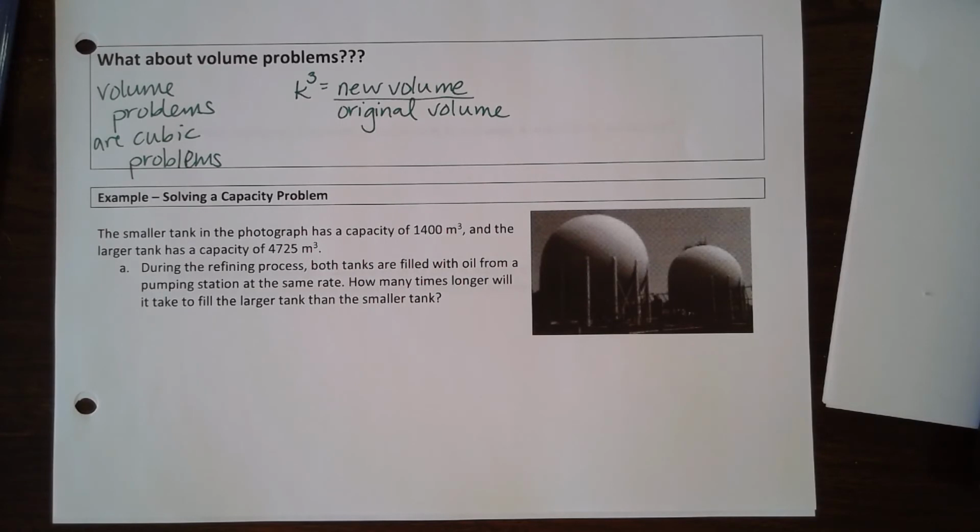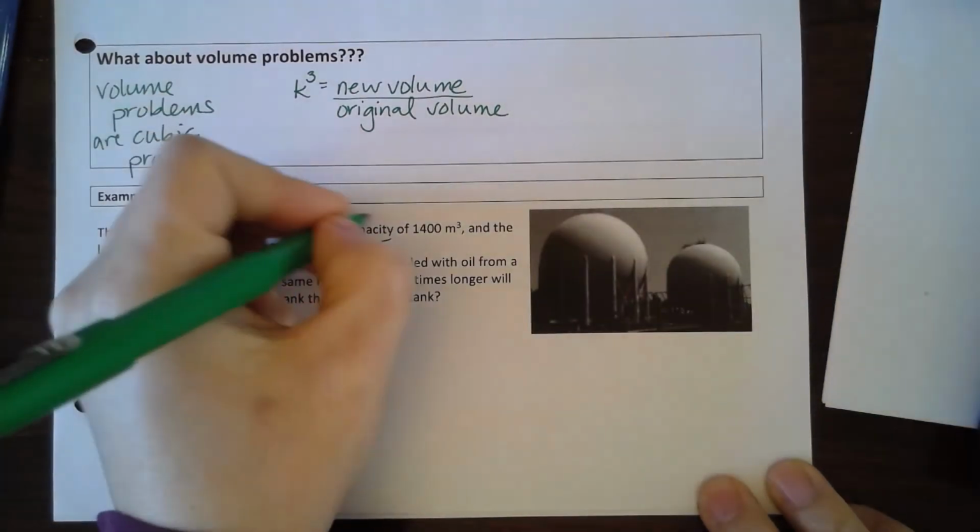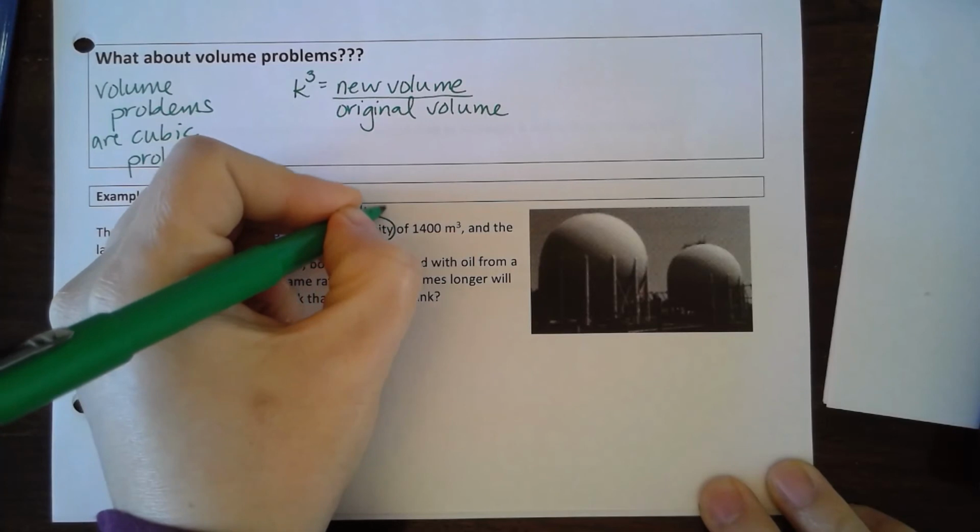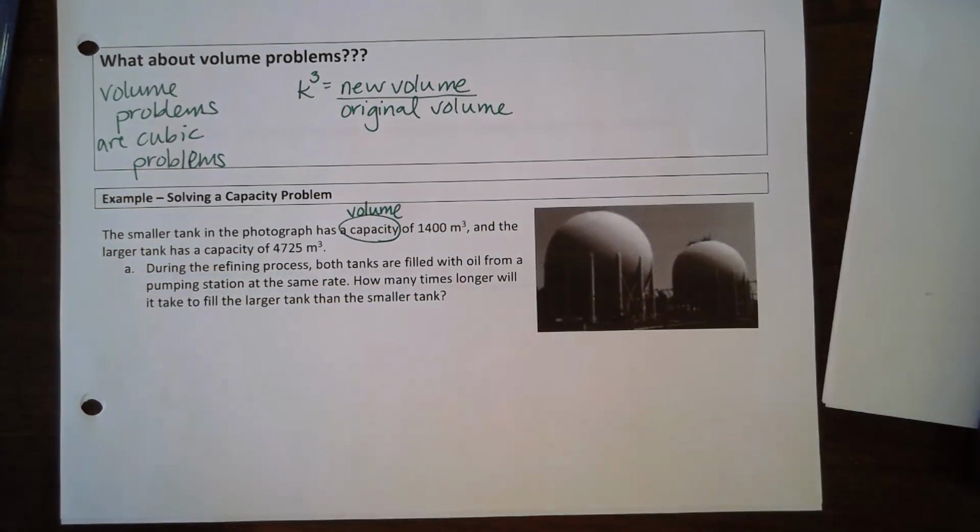Smaller tank in the photograph has a capacity of 1,400 cubic meters, and the larger tank has a capacity of... So capacity is a volume problem. Volume and capacity are pretty much the same for our purposes.